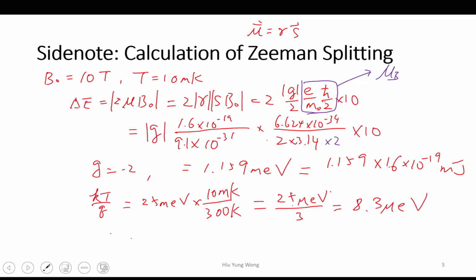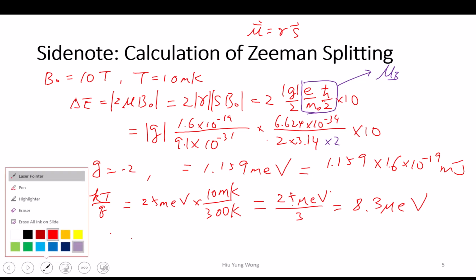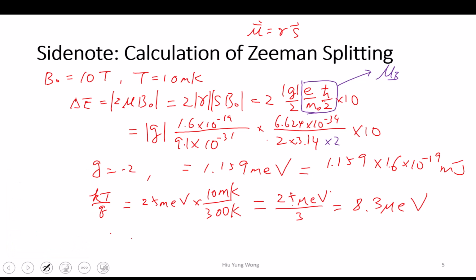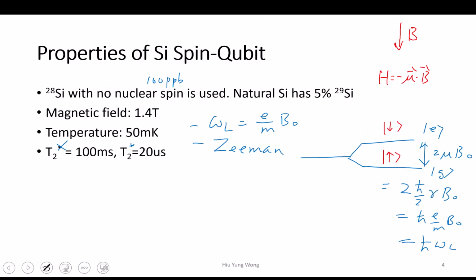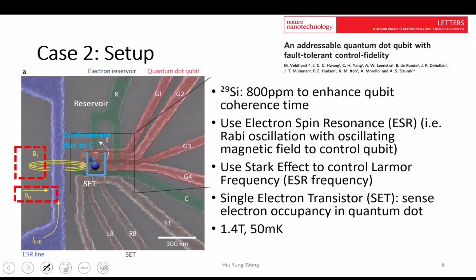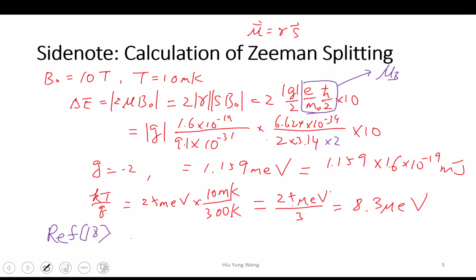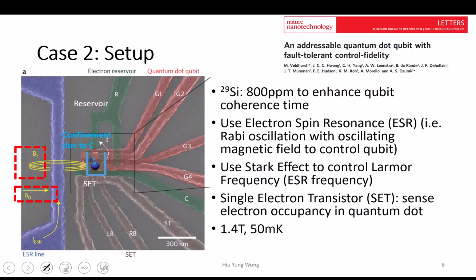Make sense? Okay. Now, however, in the paper, in reference 18 of that paper, right? I did not put the name. I think it is this one, right? Because this is a follow-up of the last lecture slide, and we were talking about another paper.